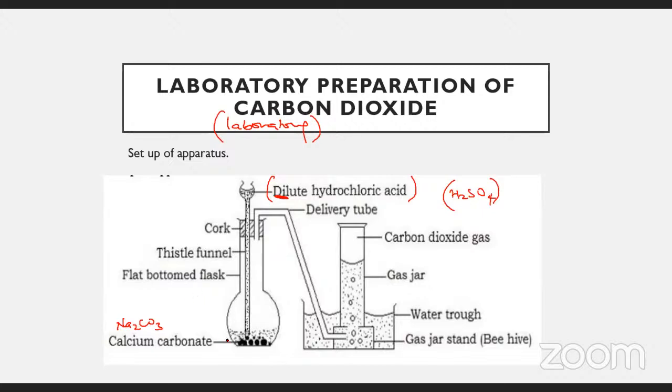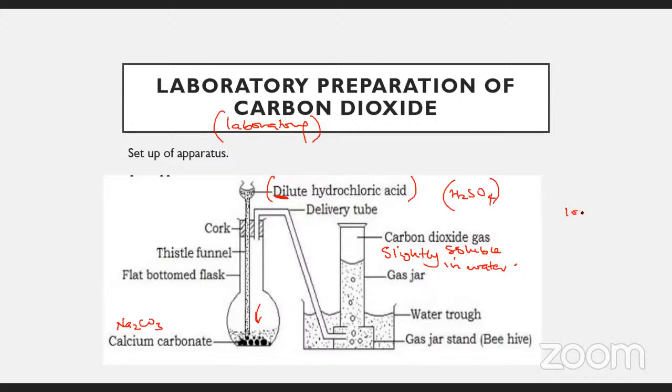So after that, we put in the flask, we add the acid. Then we shall produce carbon dioxide, which is collected over water. Why are we saying it is collected over water? Carbon dioxide is collected over water because it is slightly soluble in water. So what we mean here is that a small portion of it can dissolve in water.